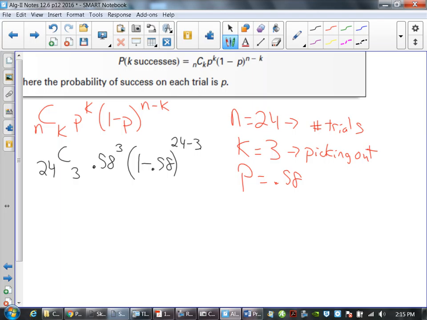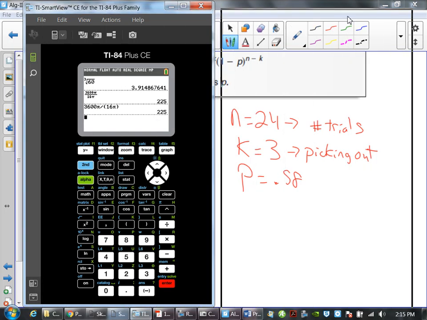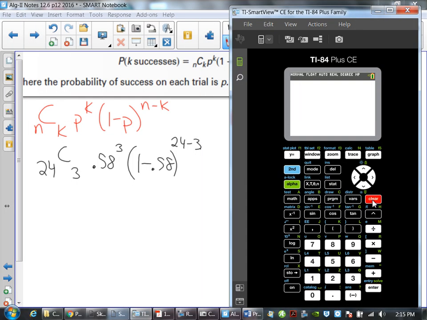Now, when we do this, we go to our calculator. What was our C? Our C was math, probability, 3. We start typing in values. 24 C 3.